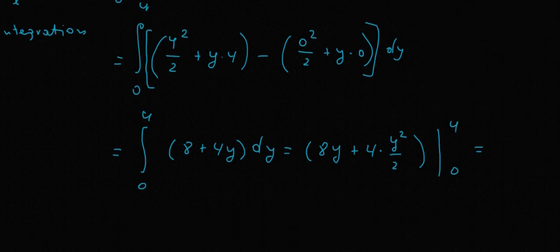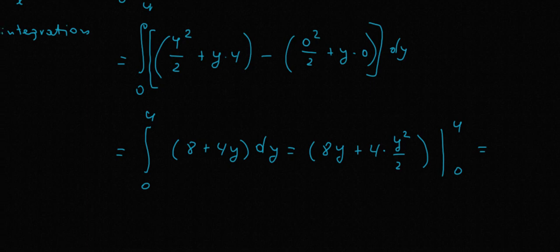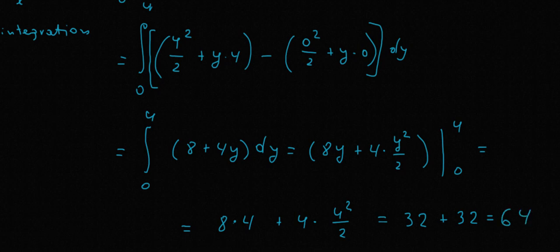If we plug in 0 for y, we get a 0 result. So we get 8 times 4 plus 4 times 4 squared over 2, 32 plus another 32, which is 64. And so the value of our integral is 64.